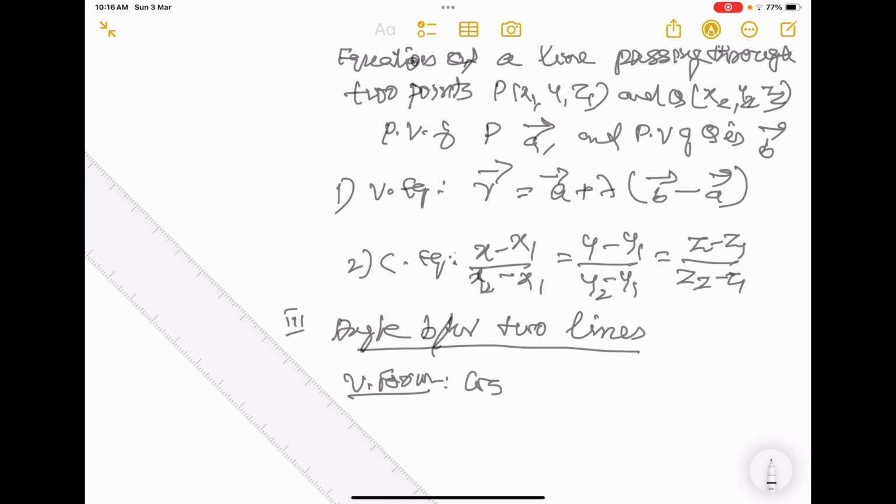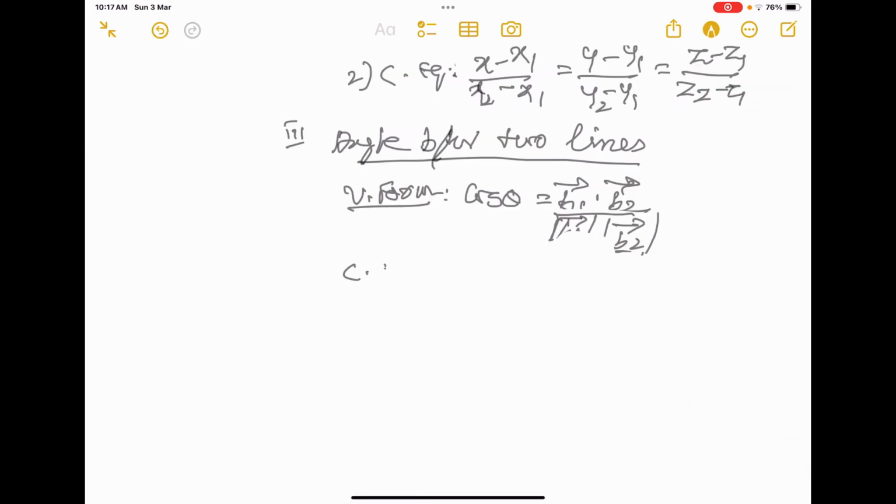Vector form is cos theta equal to vector b1 dot vector b2 divided by mod vector b1 into mod vector b2.